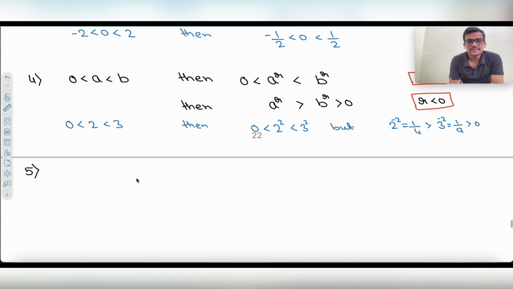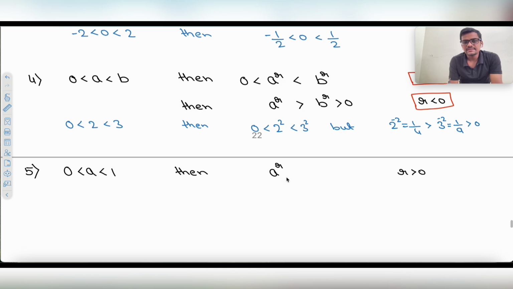Now the fifth case is the same as exponentiation. If A is greater than 0 and less than 1, then what will happen if I raise A to the power R, where R is positive? Will this be less than 1 or greater than 1?